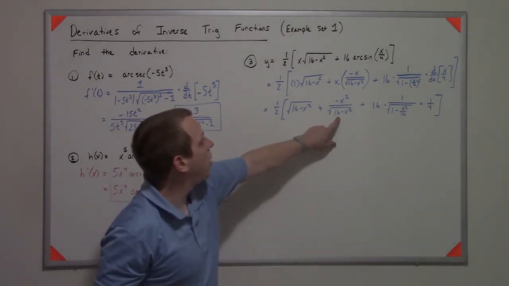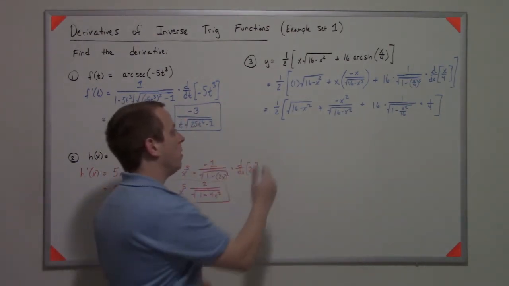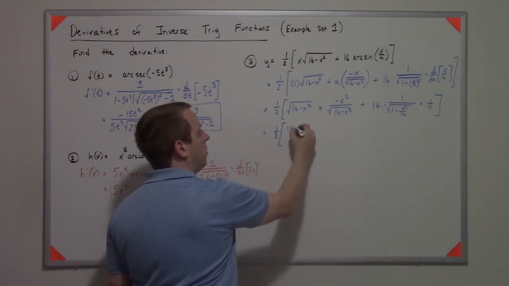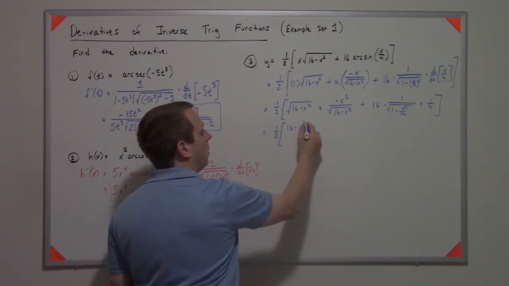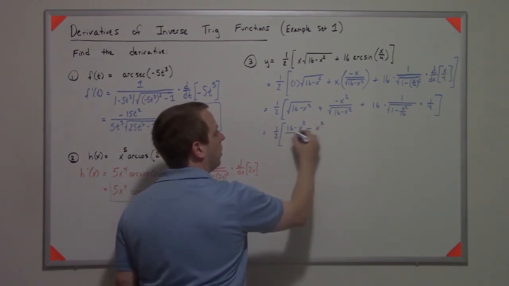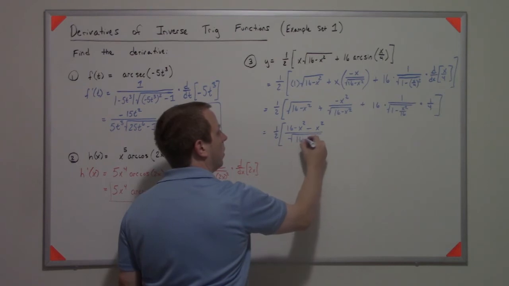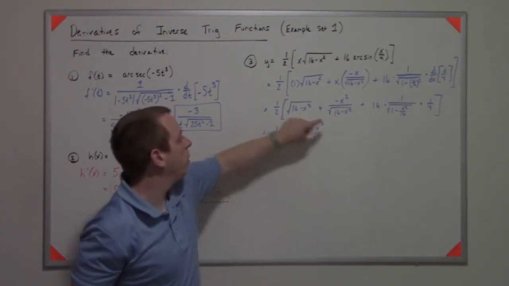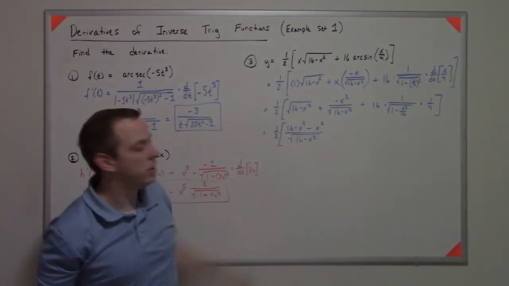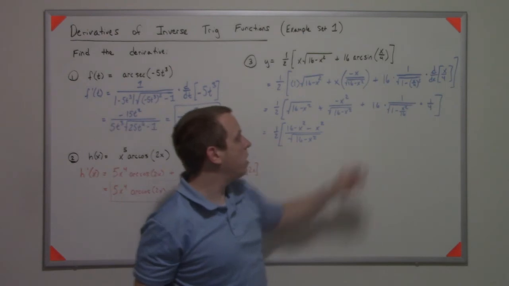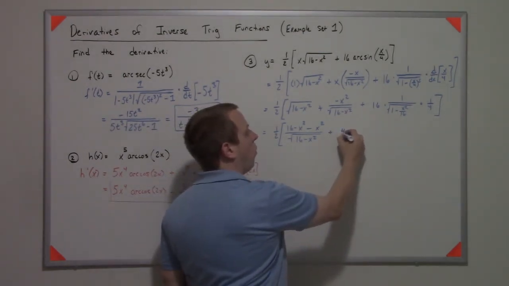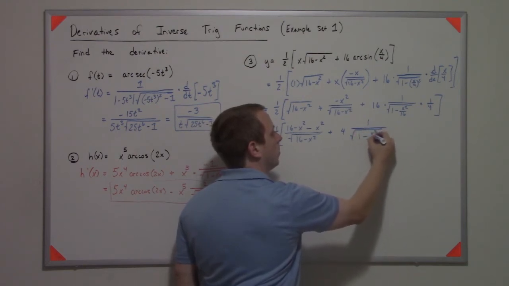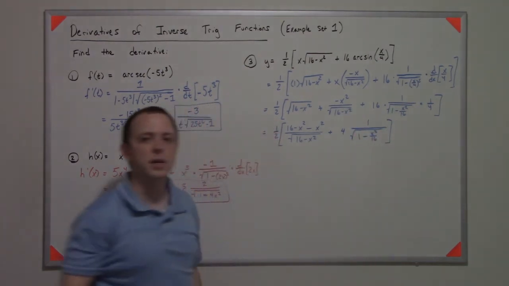If we get a common denominator of the square root of 16 minus x squared here, we get 16 minus x squared minus x squared. We get that because when we get the common denominator of that square root, you have a cancellation there, so you get this expression on top. Now over here, that's just 4 over the square root of 1 minus x squared over 16.